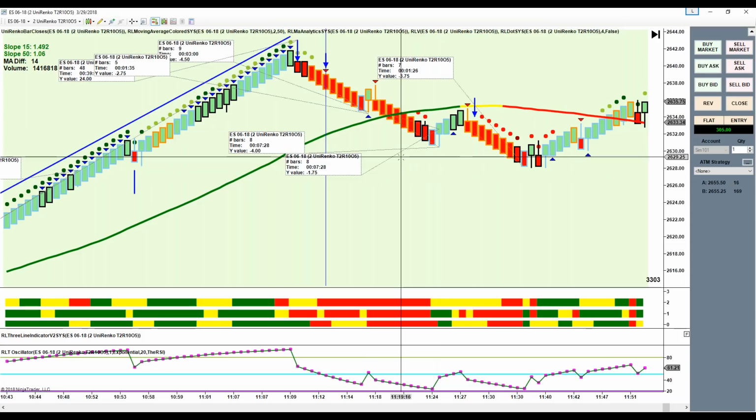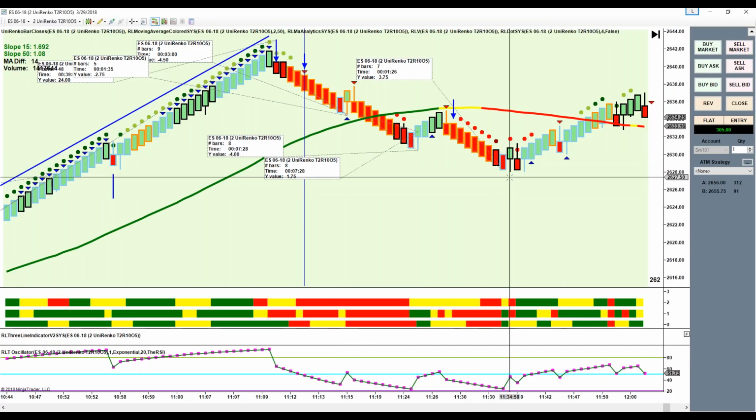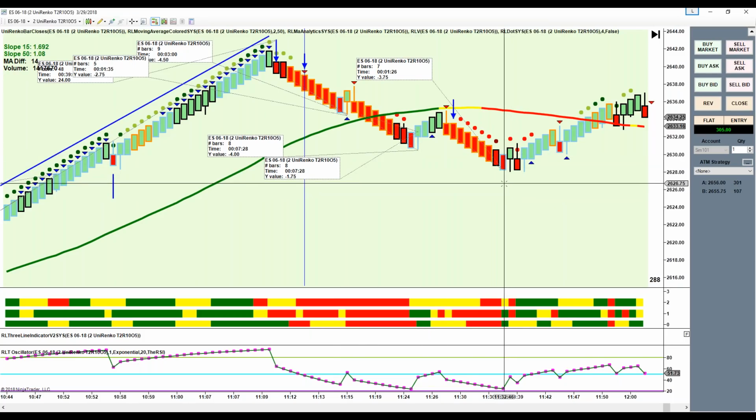So in total, you would have 7, 8, 9, 10. You'd have 11 ticks. So you'd make 11 times 12.5. That would be your trade if you didn't touch it. So I do want to make that absolutely clear. You don't get the full trade unless it takes you out at 4 points. Then you're out of the trade.